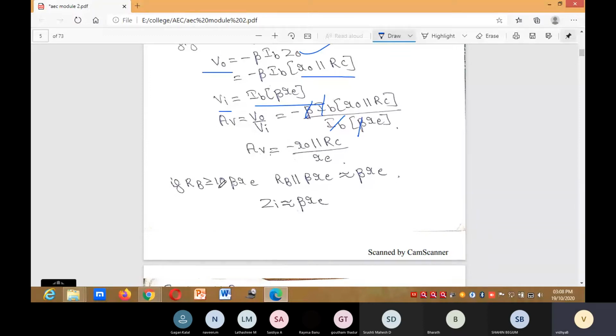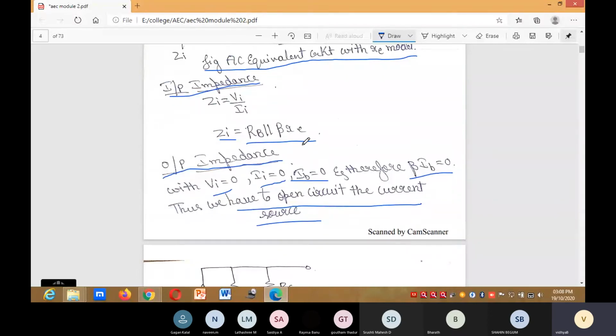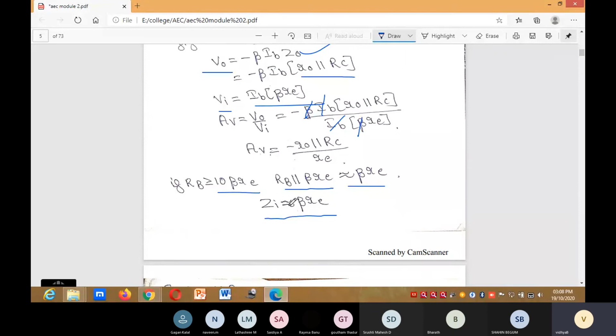If Rb is greater than or equal to 10 beta Re, that is Rb parallel beta Re equals beta Re, then Zi will become beta Re. Because the input impedance is Rb parallel with beta Re, if Rb is greater than 10 times beta Re, this is what you will get.